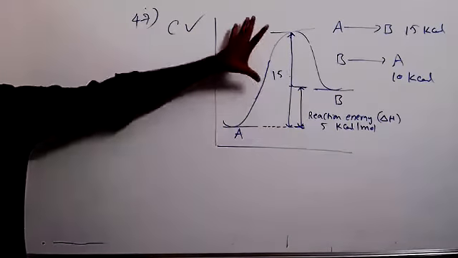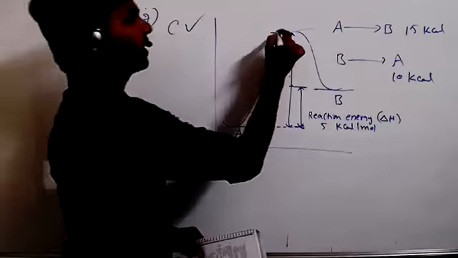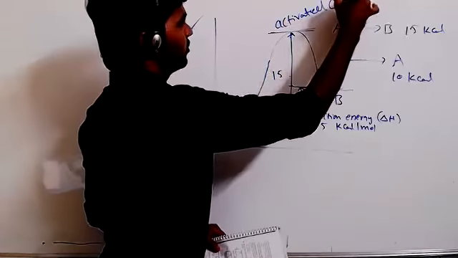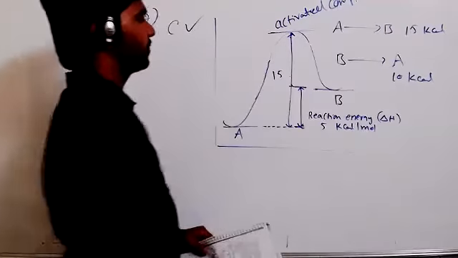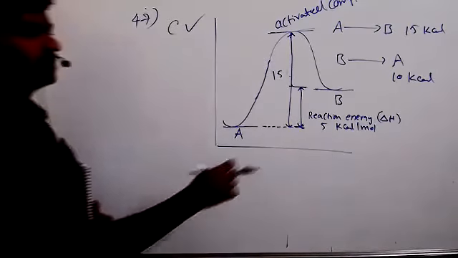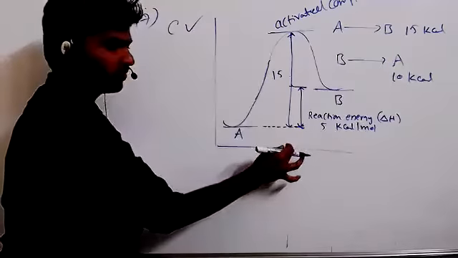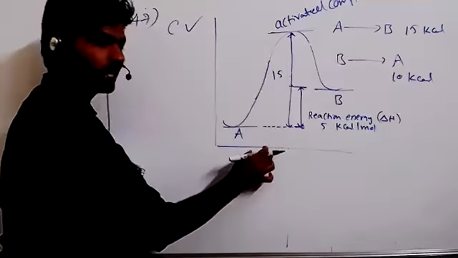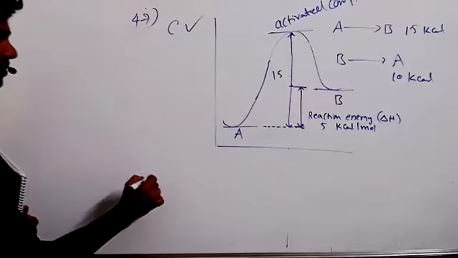So draw this graph. This is the activated complex. Look here, this is called activation energy. If we take the total energy, activation energy plus energy of reactant, that's called threshold energy. Note down that point also.